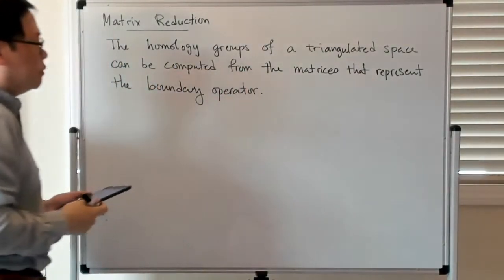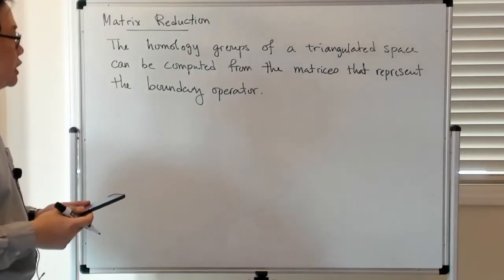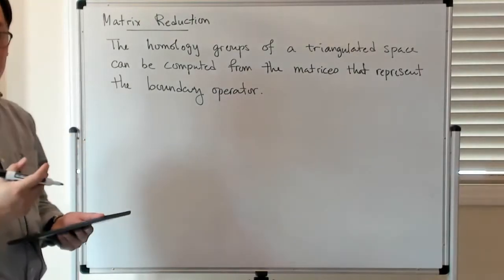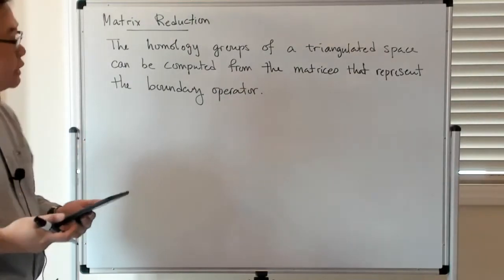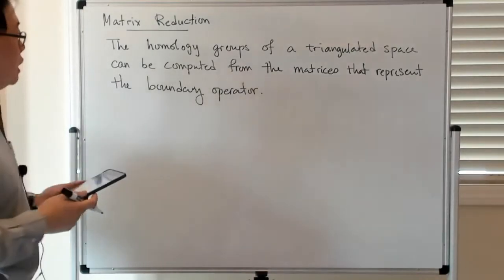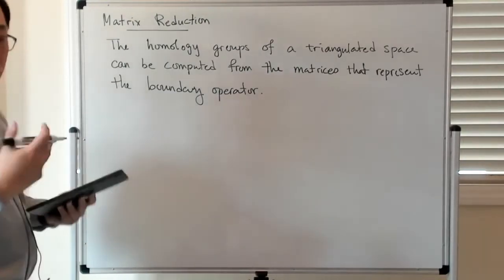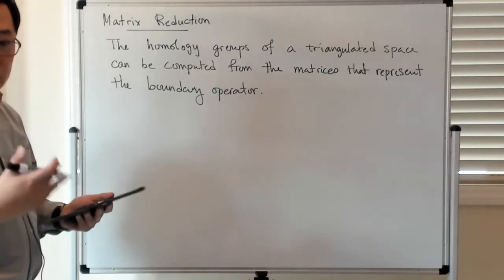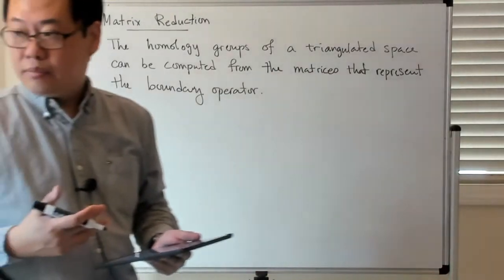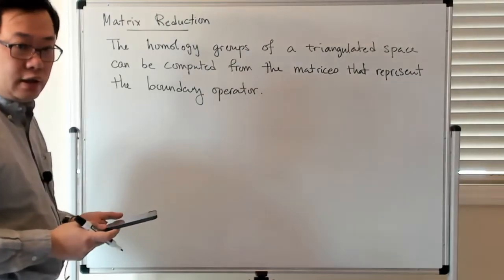And of course, it should be fairly obvious that you can do this in terms of matrices, because if you think about it, the chain groups of, say, a simplicial complex are all finitely generated. So you're, in some sense, in some sort of finite dimensional vector space. And the boundary operator is also a linear transformation, so you can represent it as a matrix.